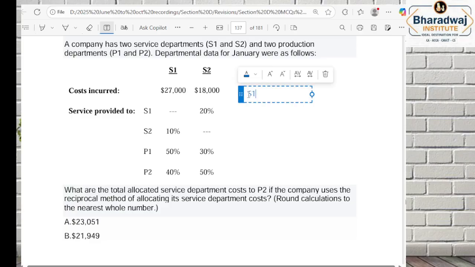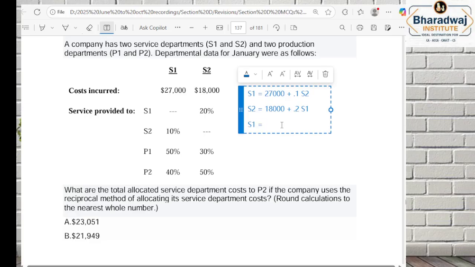Department S1 cost is equal to what? S1 cost is 27,000 plus 10% of S2. S2 is equal to 18,000 plus 20% of S1. So we have to find the value of S1 by substituting.